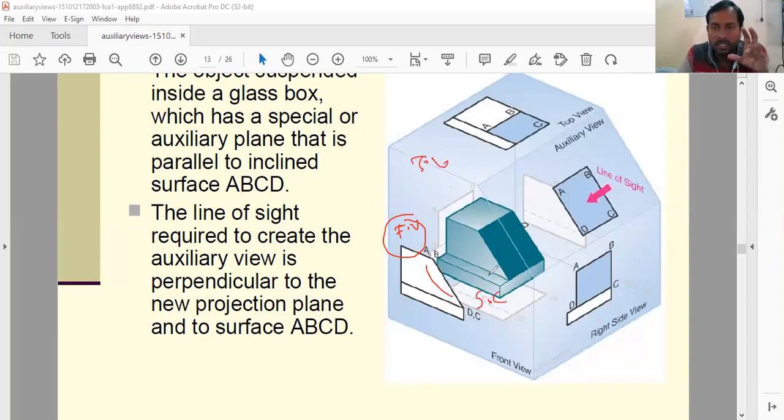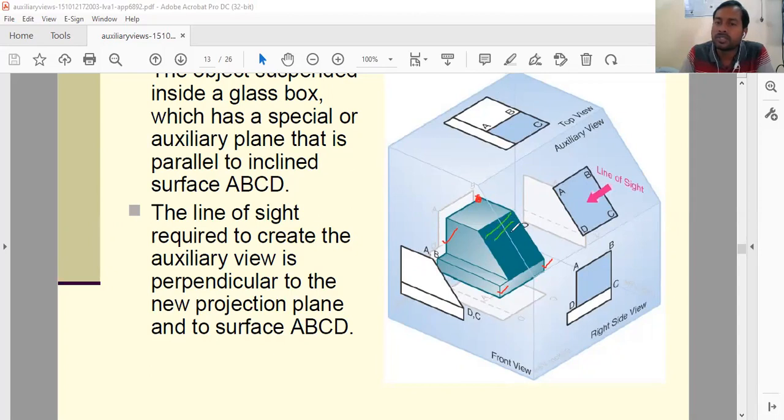Which one is compulsory? Front view is compulsory. Okay? Okay sir. So look here, this is horizontal, this is also horizontal, these are all horizontal. But see what is vertical here: this is vertical, this small one is vertical, and on the back side this is also vertical. Now where is the inclined portion?